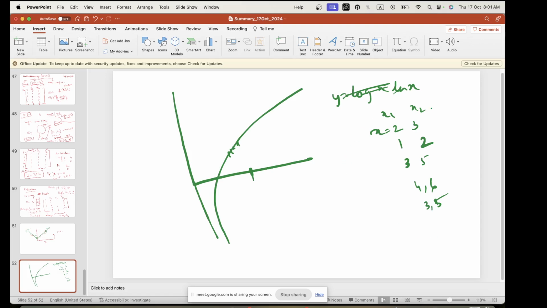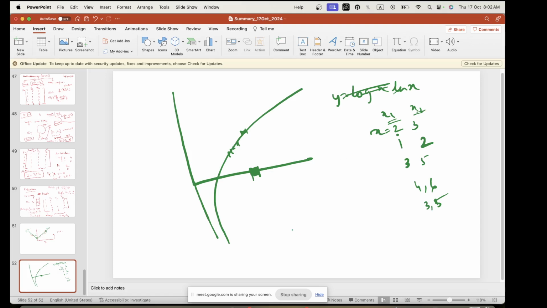But in case of logarithm, if two x values are very close to each other, their corresponding log values will also be quite close to each other, right? So if we have some pattern between x1 and x2, then taking logs, I don't think that is going to help too much.